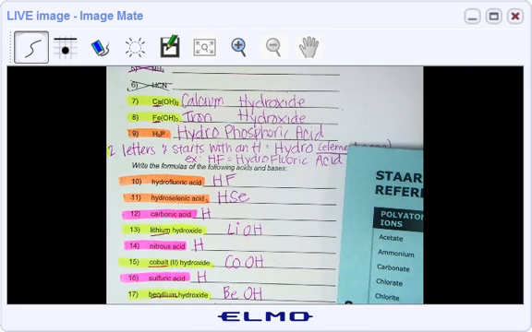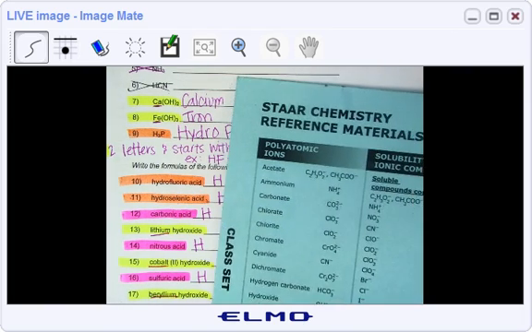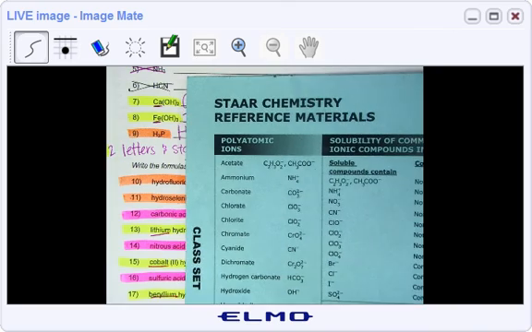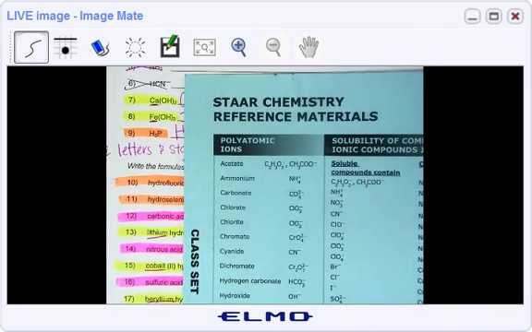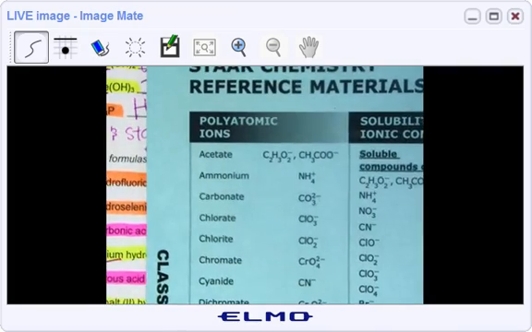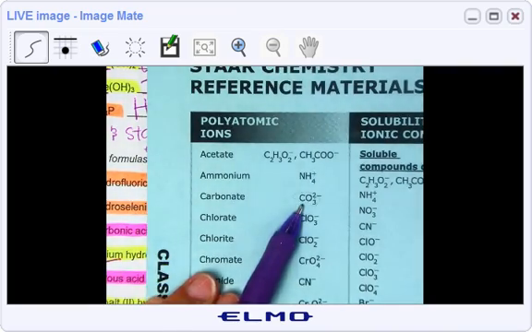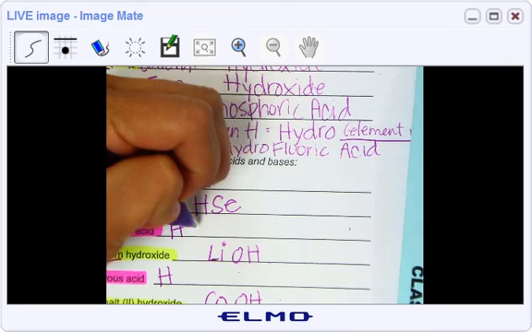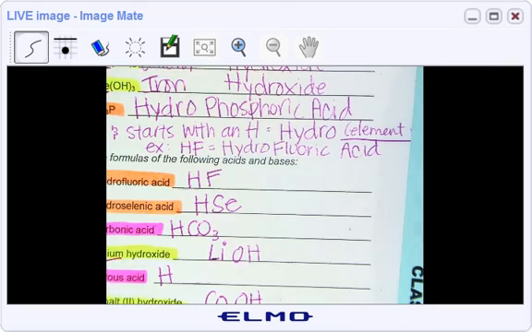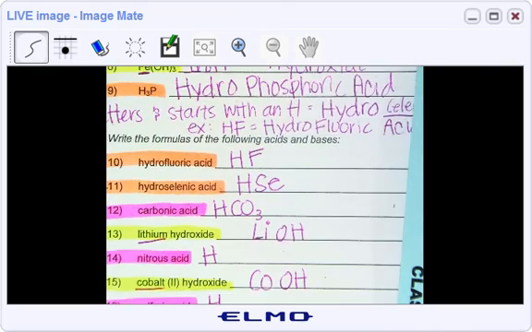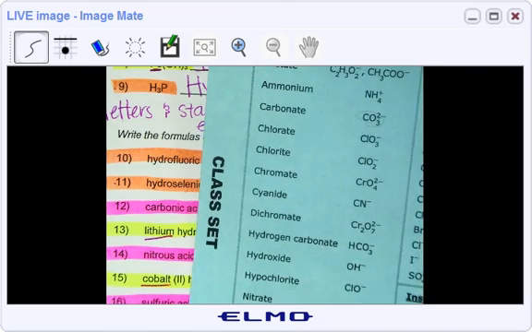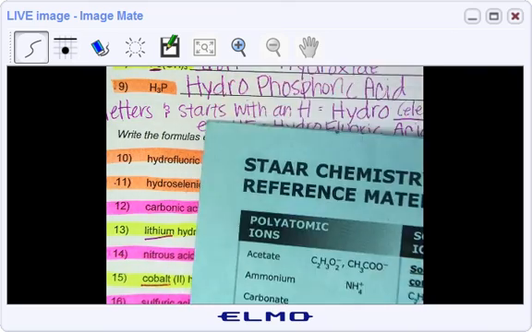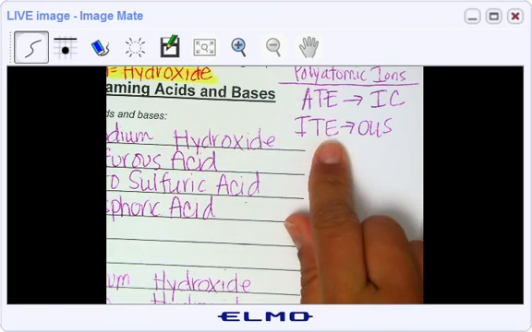So for carbonic, what polyatomic do you think that sounds like? Here's carbonate right here. It's CO3. So I would write HCO3. Okay. Nitrous. Okay. Nitrous means it ended in an ITE.